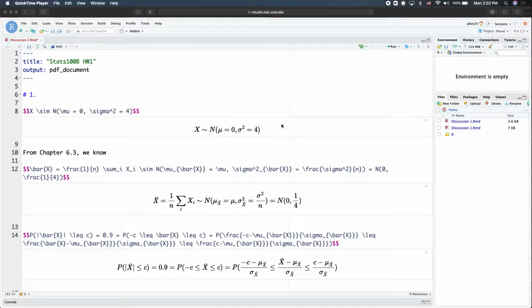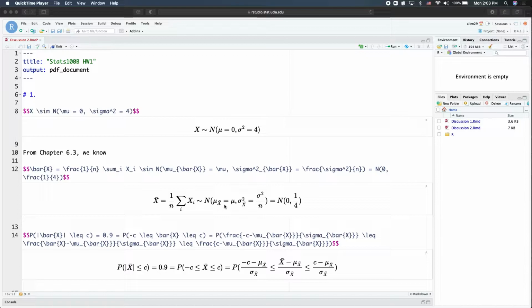So start from the given individual random variable x following a normal, and then we develop the distribution for x bar. x bar is just the average, 1 over n multiplied by the summation of all 16 random variables. Here I use the subscript to differentiate the mean and the variance from the individual random variable x.